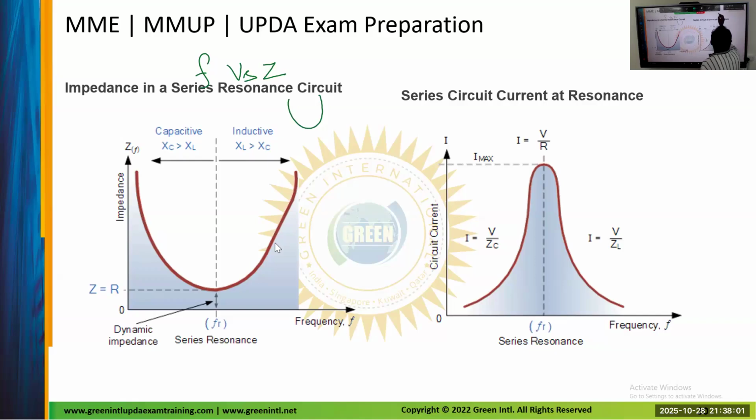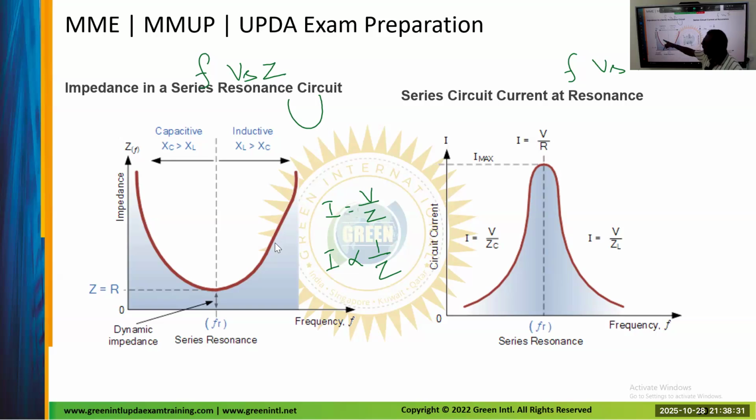Now we need to draw frequency versus current. What is the relation between Z and I? I is equal to V by Z. V is constant, so I is proportional to 1 by Z. Inversely proportional, what does that mean? It is opposite.